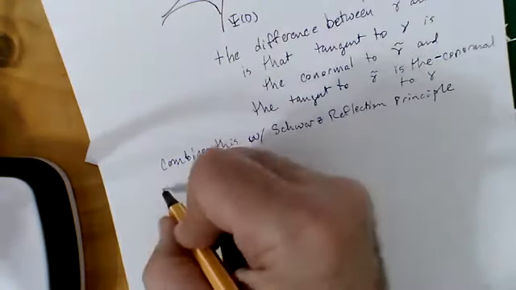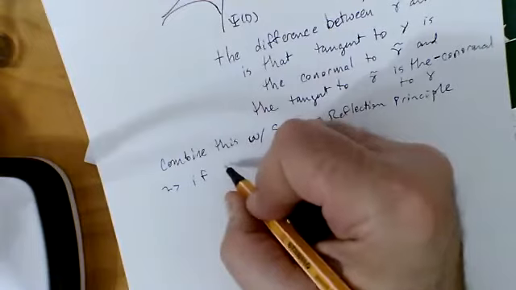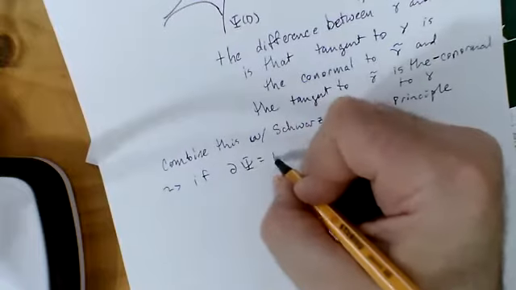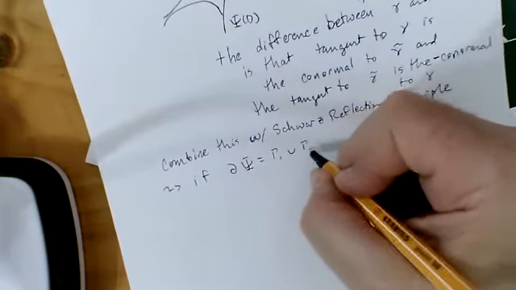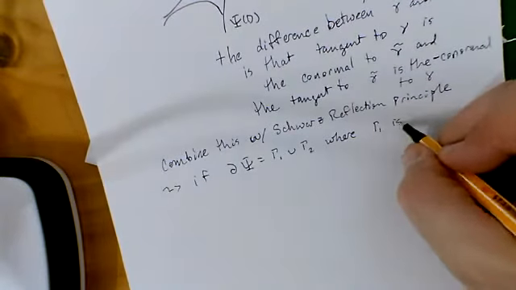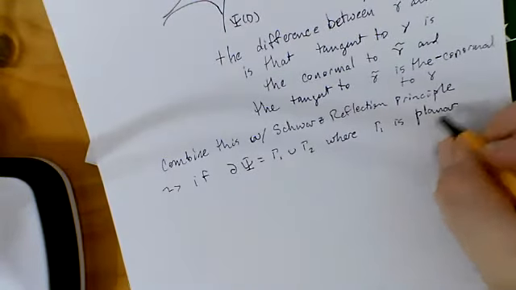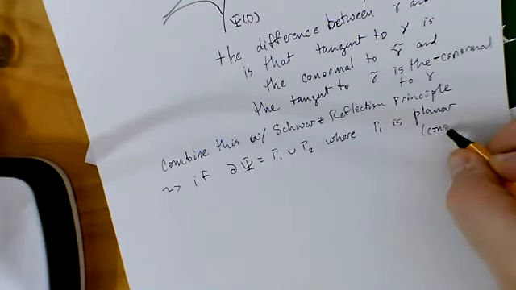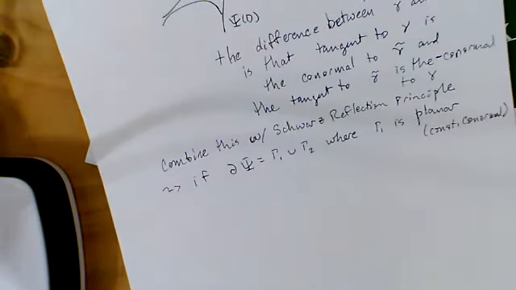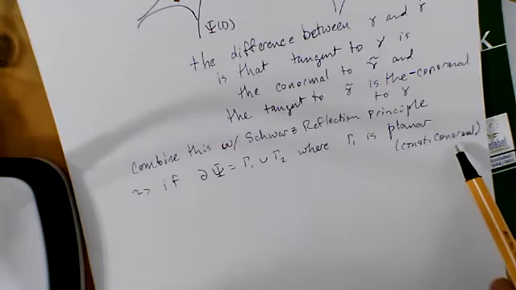See the following. If the boundary of my minimal surface is gamma 1 union gamma 2, where gamma 1 is planar, constant conormal. A curve is planar precisely when it has a constant conormal.